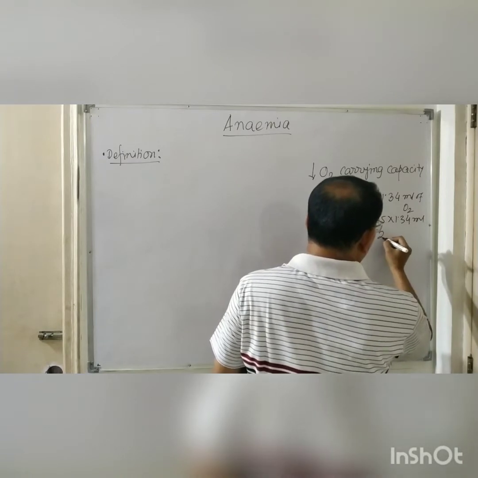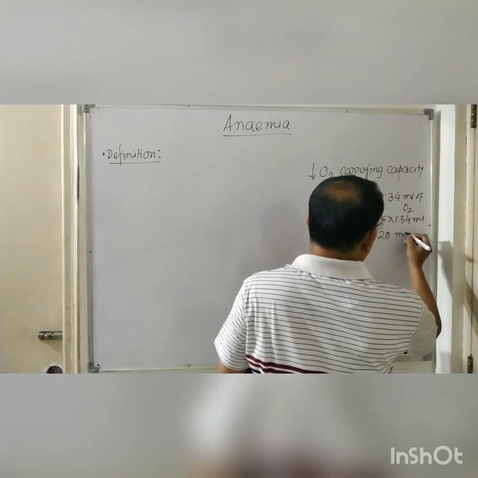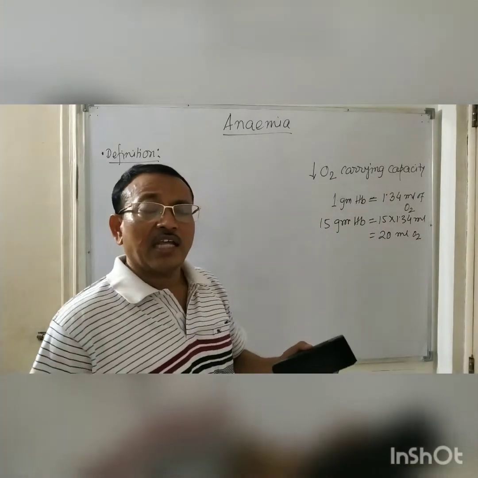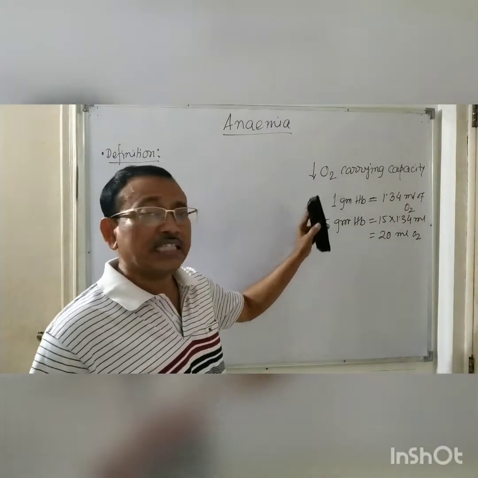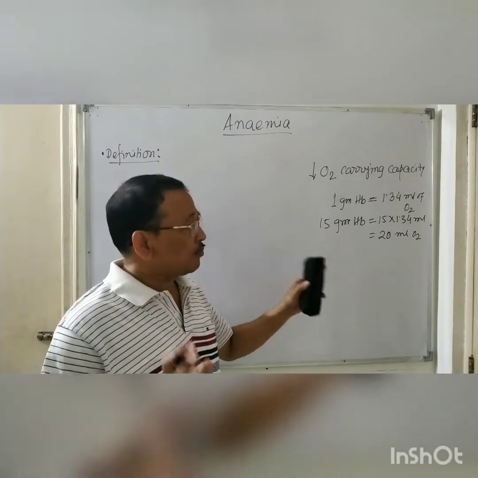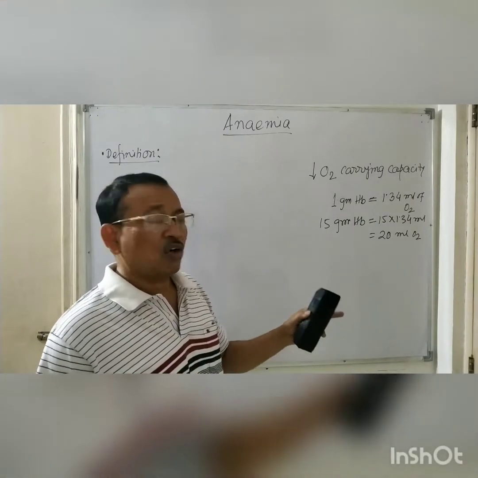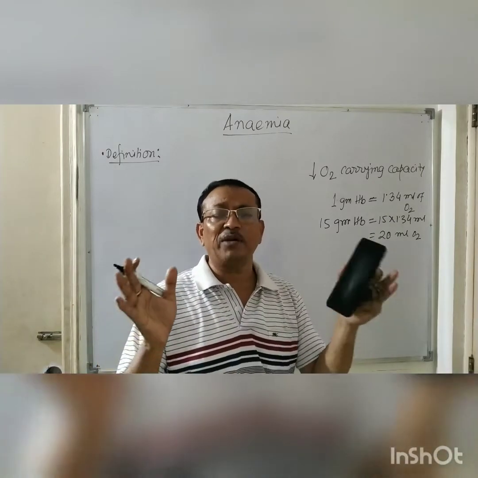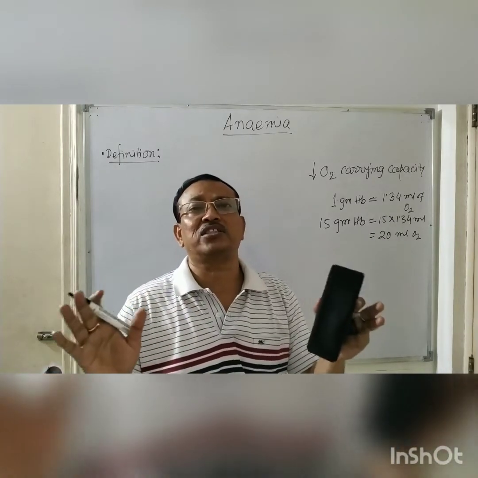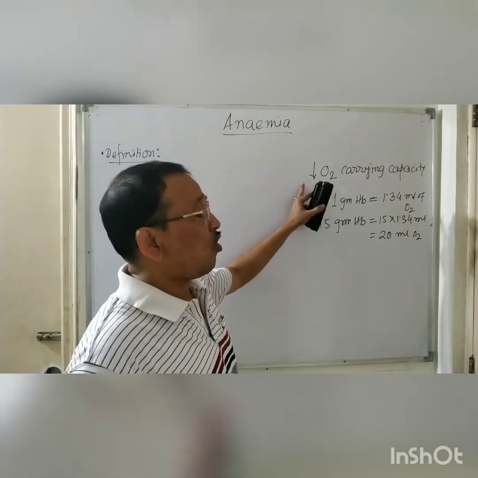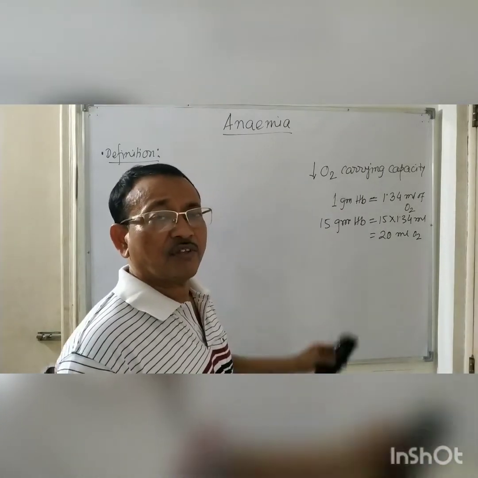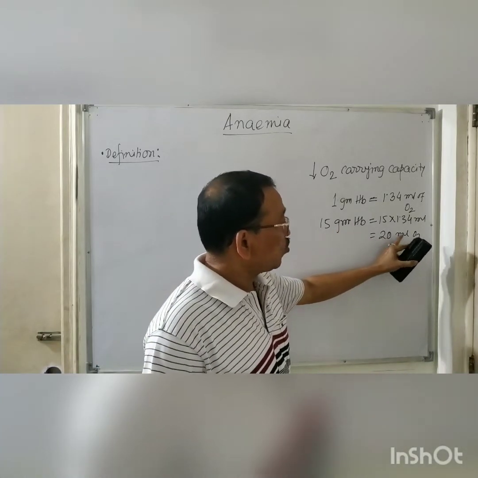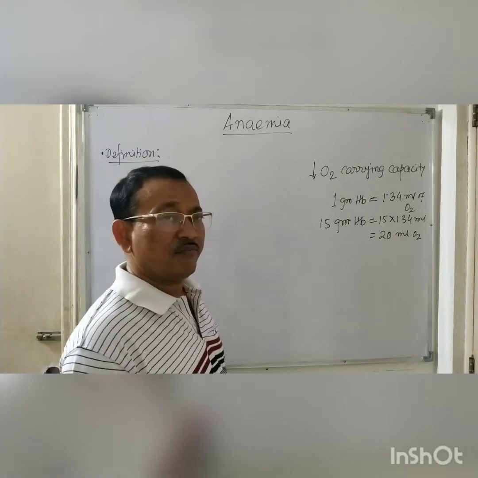That comes around 20 ml of oxygen. So oxygen carrying capacity is the amount of the oxygen which is carried by the entire hemoglobin present in a person's blood. So that is known as the oxygen carrying capacity of the blood. Normally it is around 20 ml oxygen.